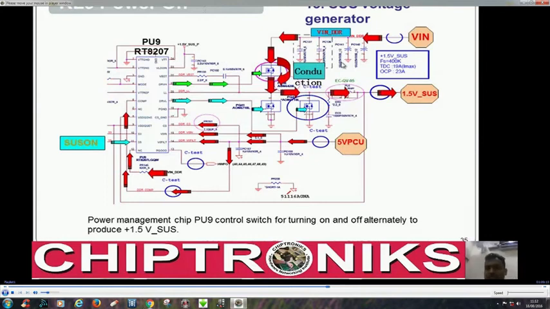So in this case, what we have seen is we know SUS_ON is generated by the IO controller, but to make this regulator function properly, what things do we need to check? We need to check this VIN, we need to check this plus 5V PCU, we need to check this comp pin, and then we need to check this drive high and drive low, that is these two MOSFETs, and if these two MOSFETs work, then 1.5 volt SUS would come.